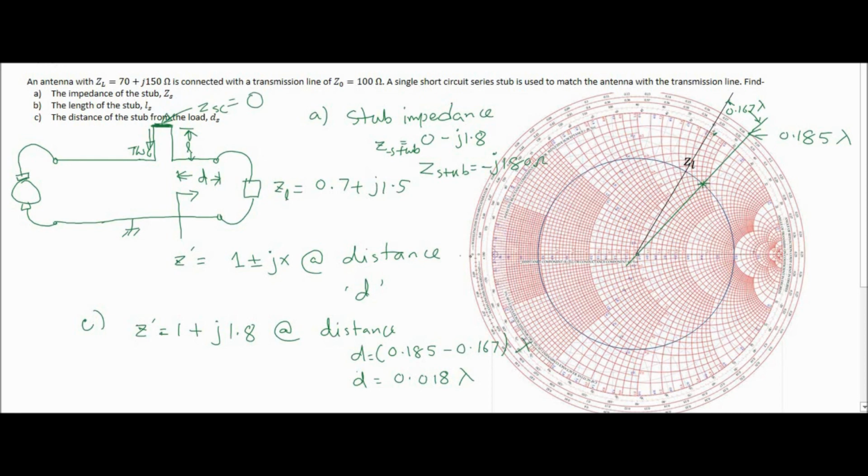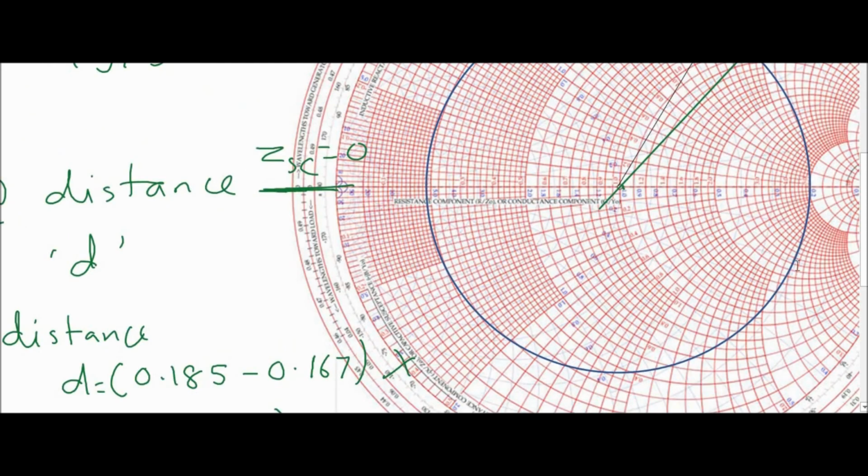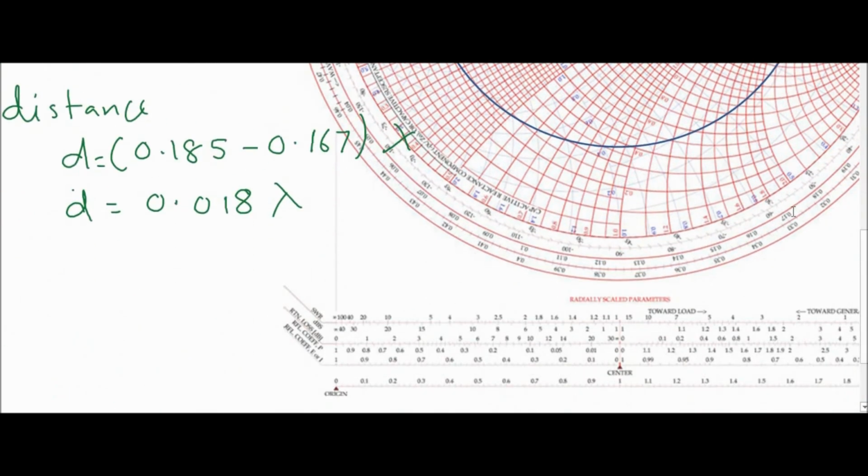On the Smith chart, this is ZSC equal to 0. You have to start from here and go all the way to negative 1.8. If I see the Smith chart here, negative 1.8 is somewhere here.